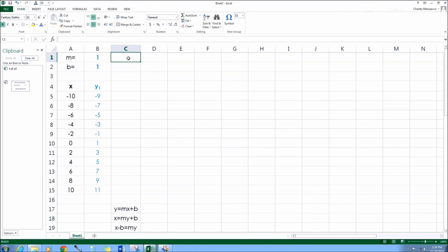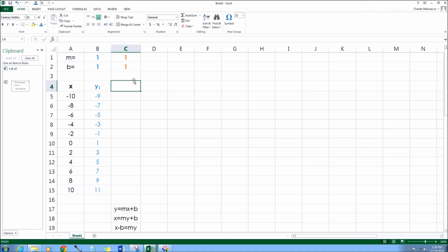So this one equals 1 divided by the slope, because we divide by the slope. And this one equals the intercept divided by the slope, since we divide by the slope again. Enter 1, 1, 1, 1, 1, and 1. Okay. So now we need to add something to plot this.